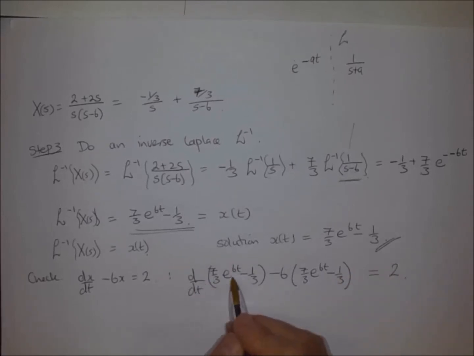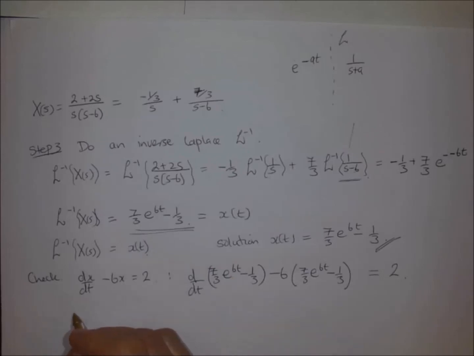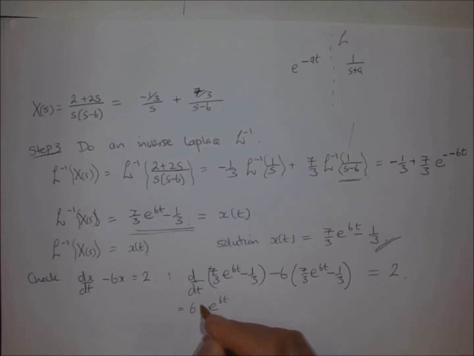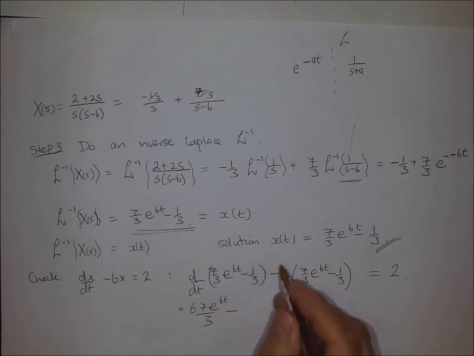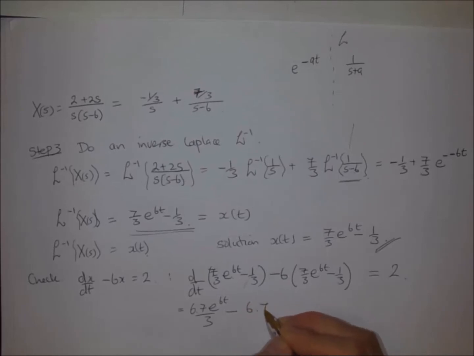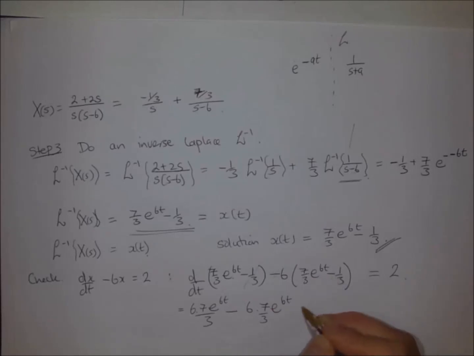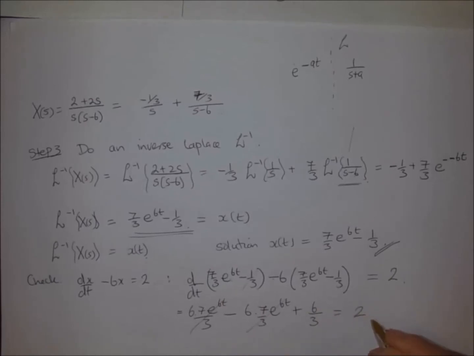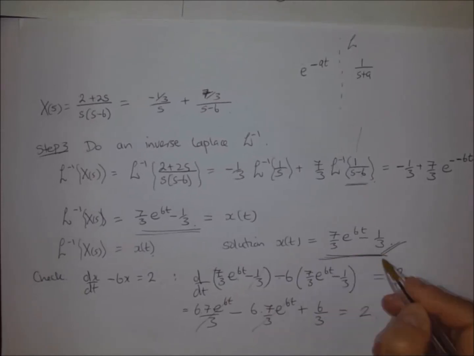So if we differentiate, it will become e to the 6t, 6 times 7 over 3, minus, the third goes, so then it's minus 6 times 7 over 3 e to the 6t, minus times minus, plus 6 times a third, 6 over 3. They cancel out and 6 over 3 equals 2. Therefore this is the solution to that.